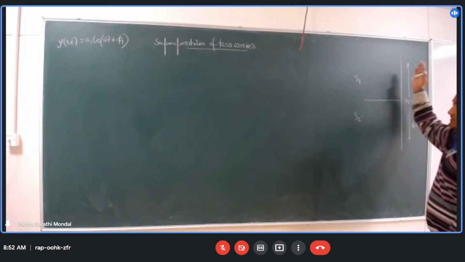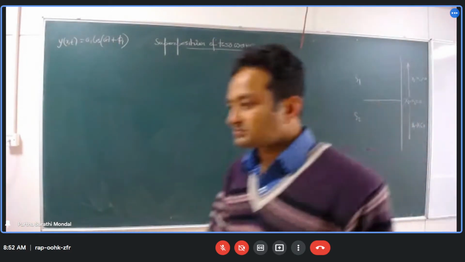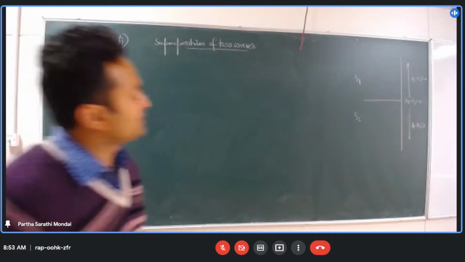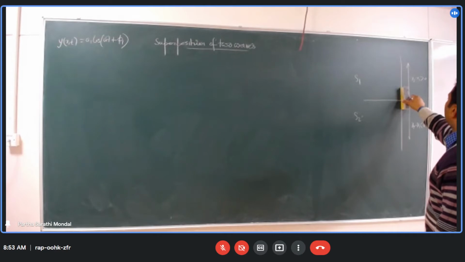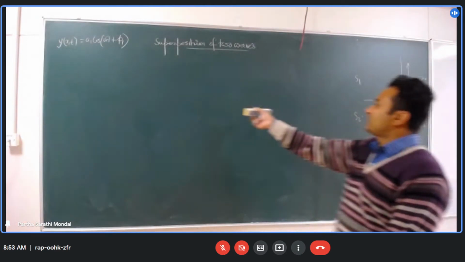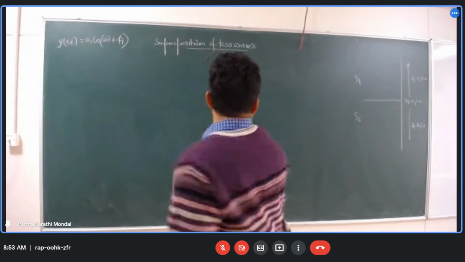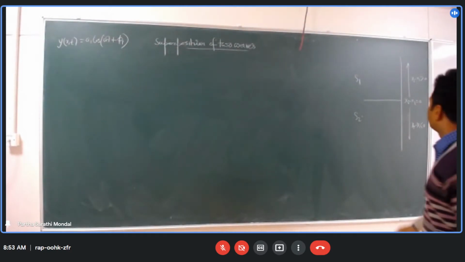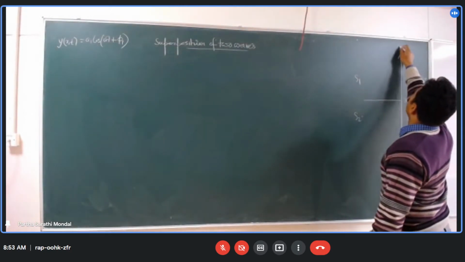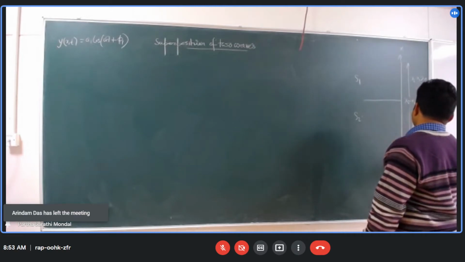Okay, so now suppose this is your screen. Say this is your screen, and I am going to draw the screen here like this. Okay, so that means I will change the path difference as an x-axis. Let's say this is your x-axis and this is your minus x-axis.